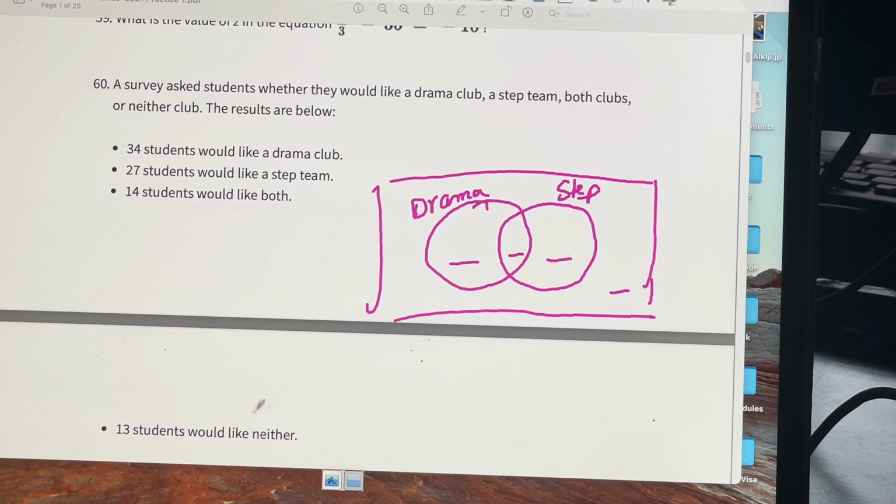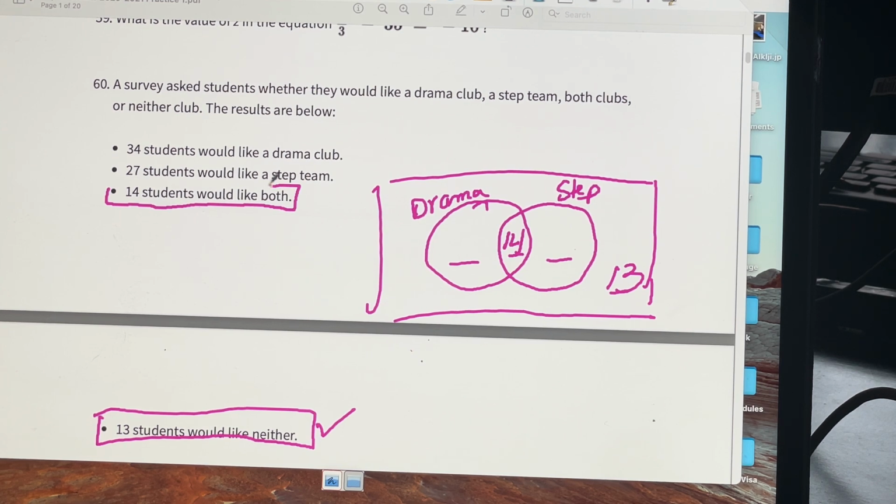It's usually easier if you start with the ones that are straight up. 13 students chose only, like, 9 there, so that's obviously here. That I can do right away. 14 students like both, that's another one I can do right away. Now this piece of information I'm gonna use. If you look at my drama circle, I'm missing this number right here, right?